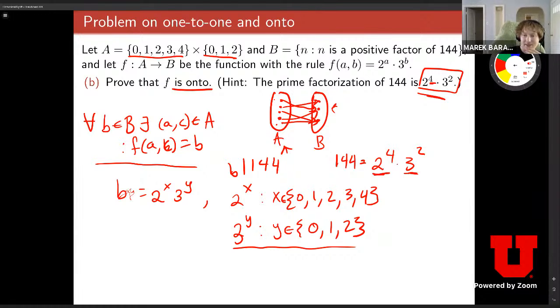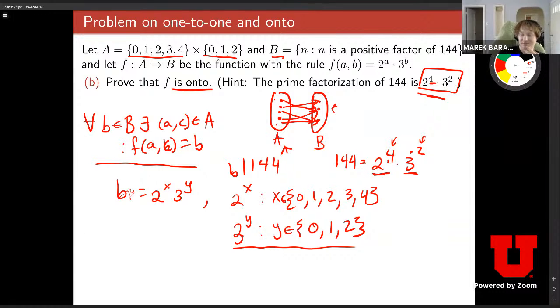And so this says that everything in B can be written as a number that divides this, by uniqueness of prime factorization, right? So as long as x is less than or equal to 4 and y is less than or equal to 2, then it will divide this, right?